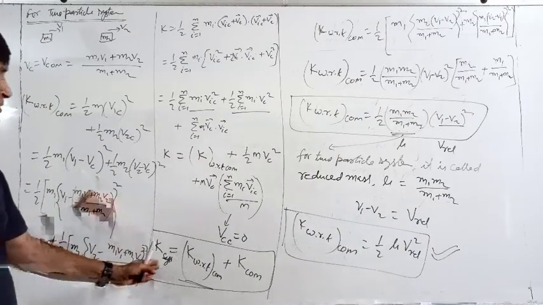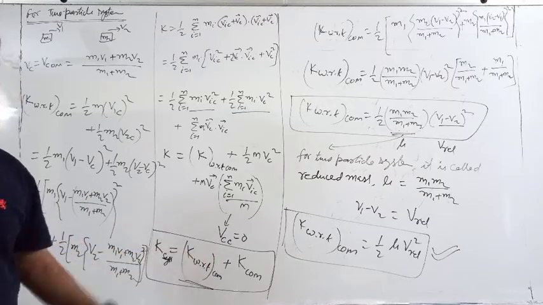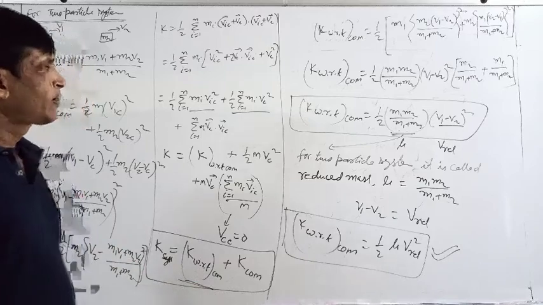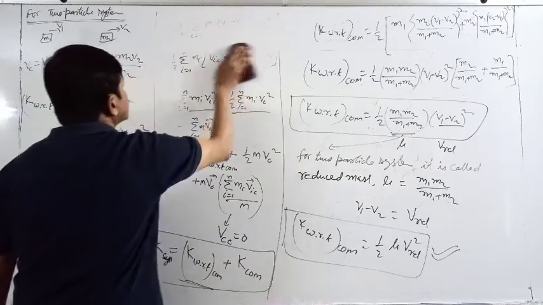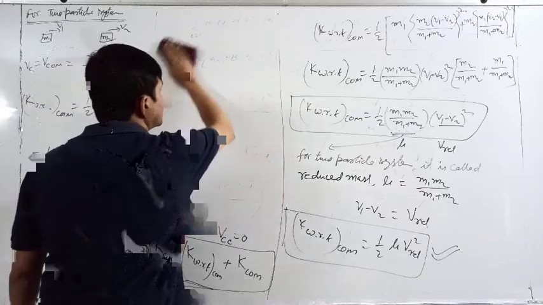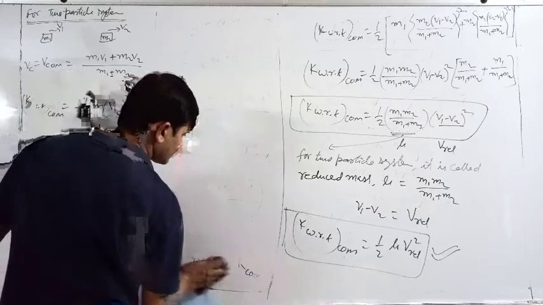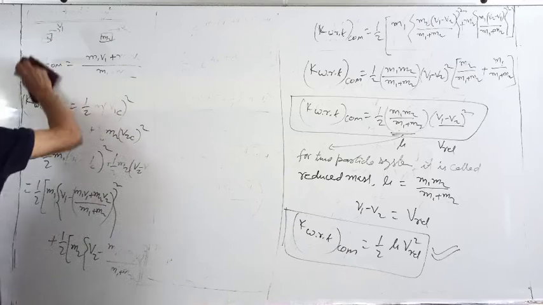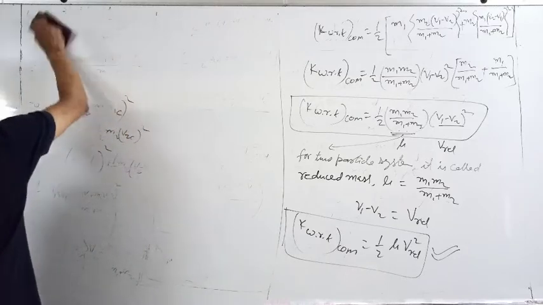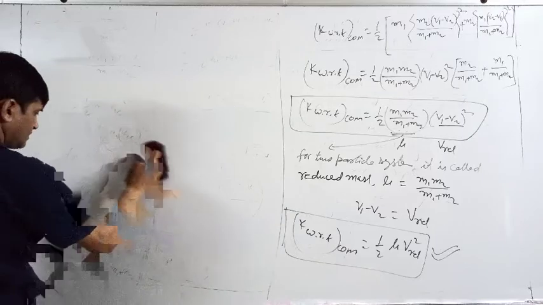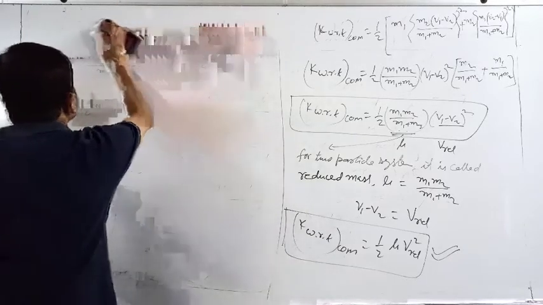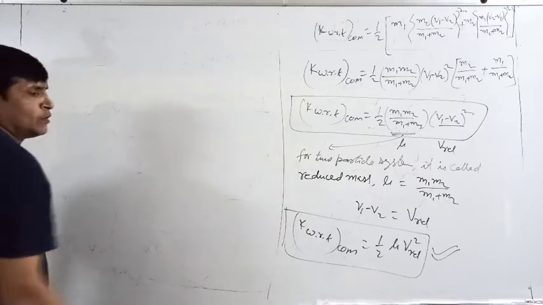This is a different formula: the kinetic energy of the system in terms of the kinetic energy of the center of mass and the kinetic energy of all particles with respect to the center of mass. Now see the application of this.